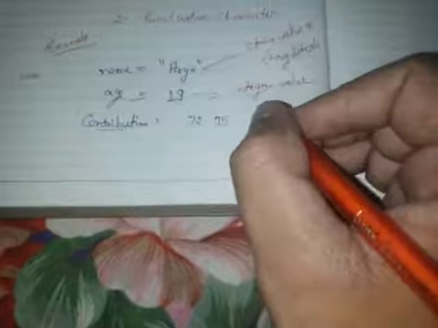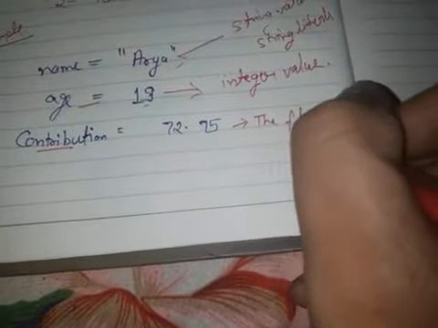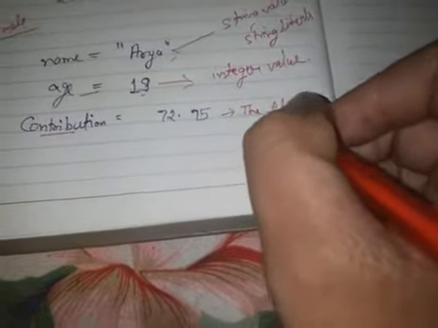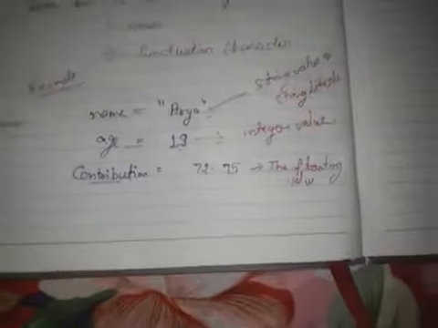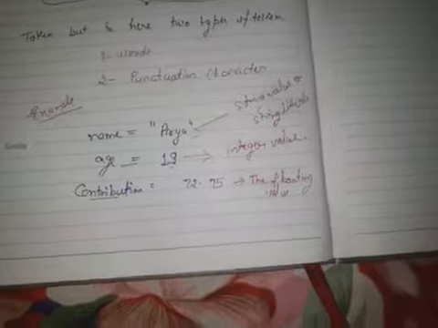And third, contribution is 72.75, and we know that this is a floating value. So here we have to know about the tokens.